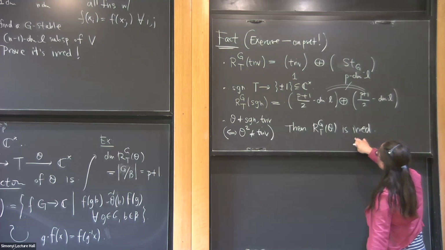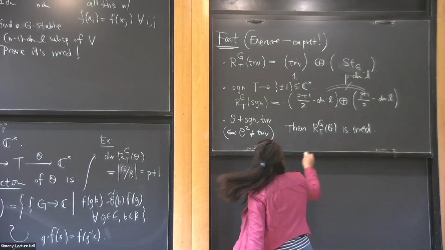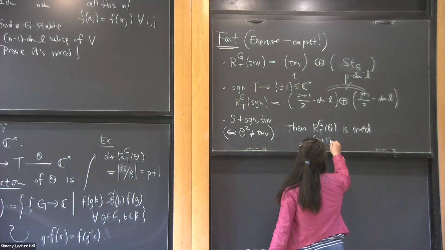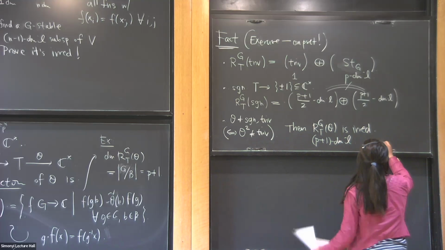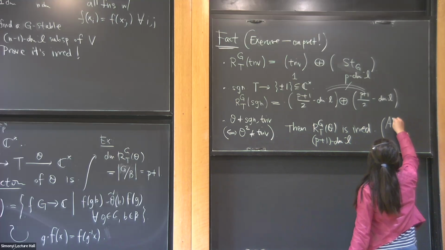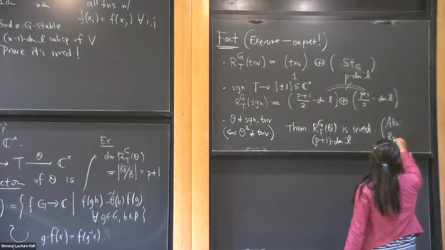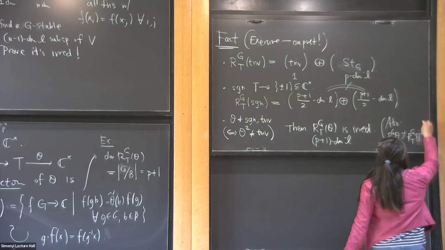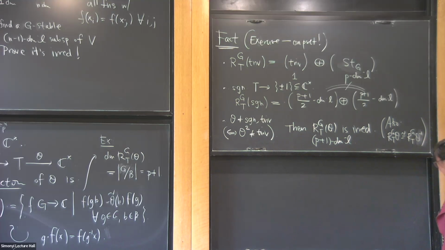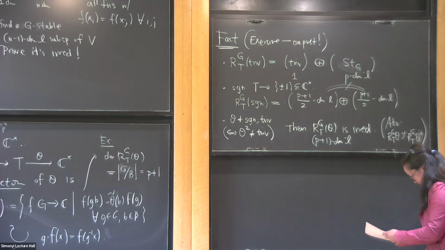Here, this one, we said the dimension already. This is P plus one dimensional. And there's an additional fact about this. RTG theta is the same as RTG theta inverse. Okay. So you get some overcounting here.